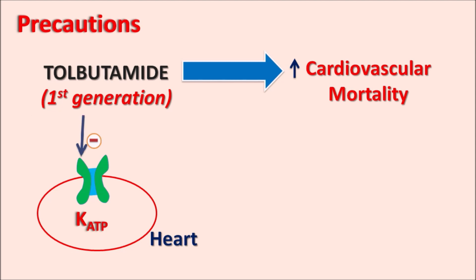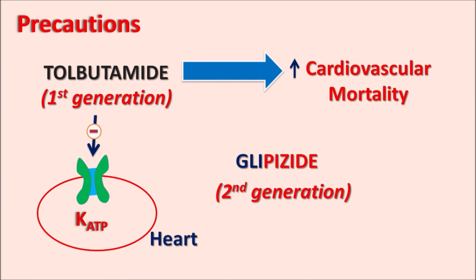So tolbutamide can block these channels, thereby increasing cardiovascular mortality. Just like tolbutamide, glipizide, which is a second generation sulfonylurea, also shows some similar activity, so it can also increase the risk of cardiovascular mortality. This can be observed after long-term treatment greater than 5 to 10 years.